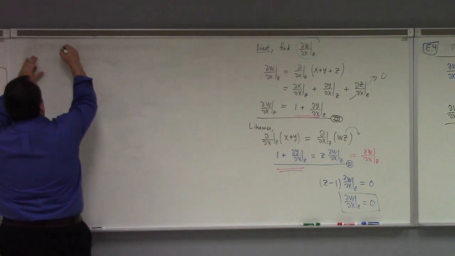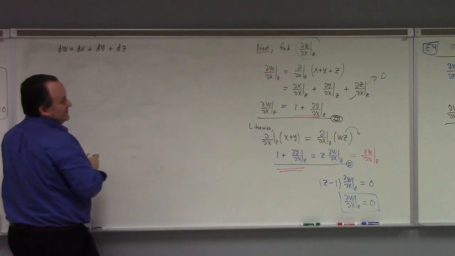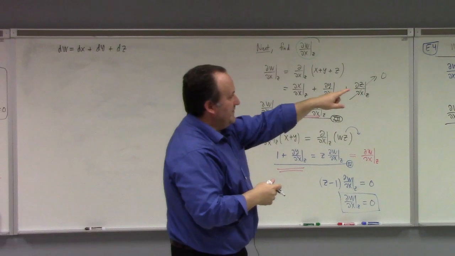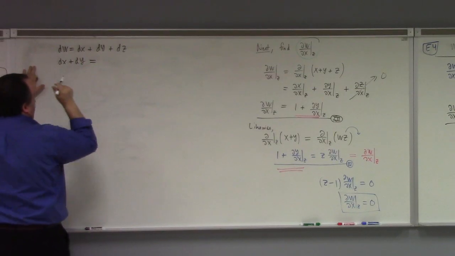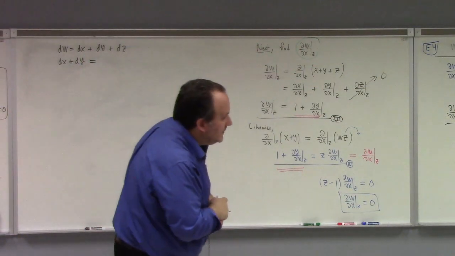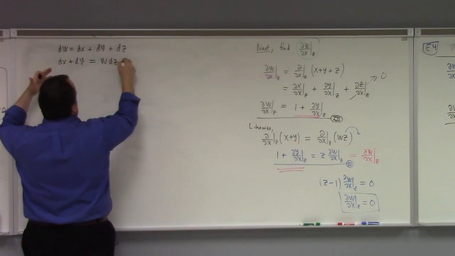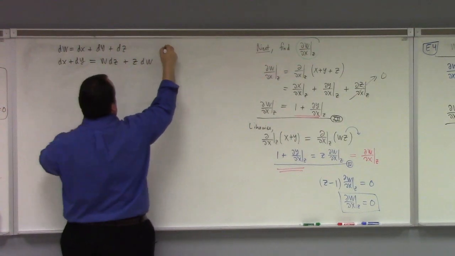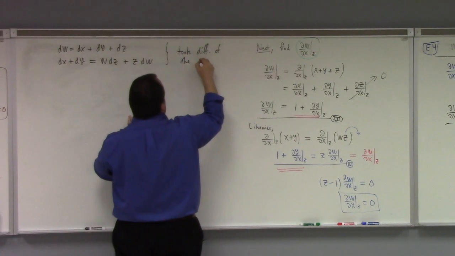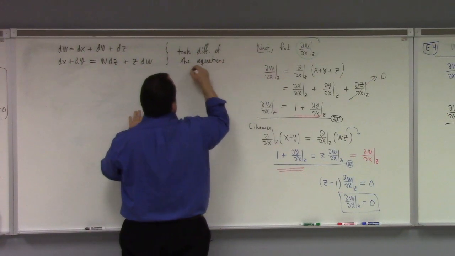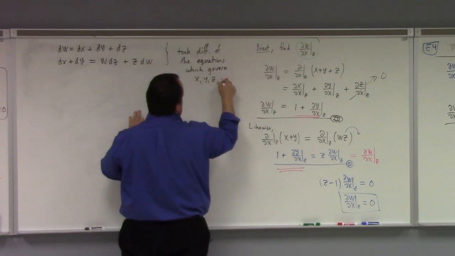So I've got dw is dx plus dy plus dz from my first equation, all right? And from the second equation, I get dx plus dy is equal to what? z dw, or if you like, w dz plus z dw, whichever one you want to put first, right? So I just took the differential of the equations which govern our variables, all right?